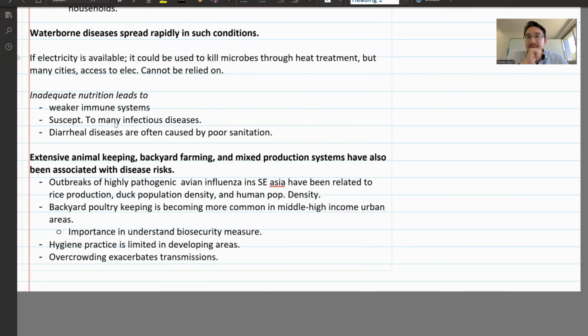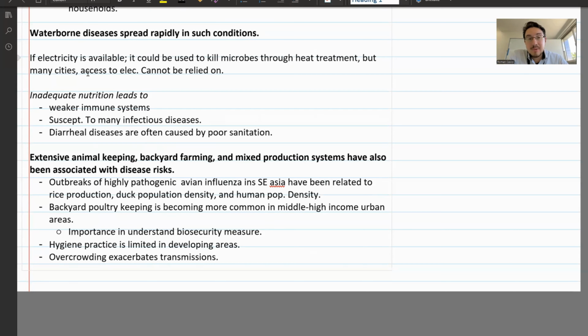The electricity will leave for like 8 hours, and come back whenever it's possible. So you never know when would be your chance to heat up water. You can't kill microbes, you can't cook well, and so forth. So poor hygienic conditions greatly affect the spread of pathogens.